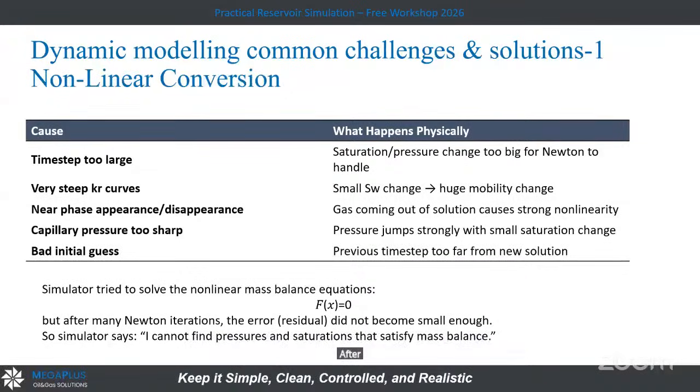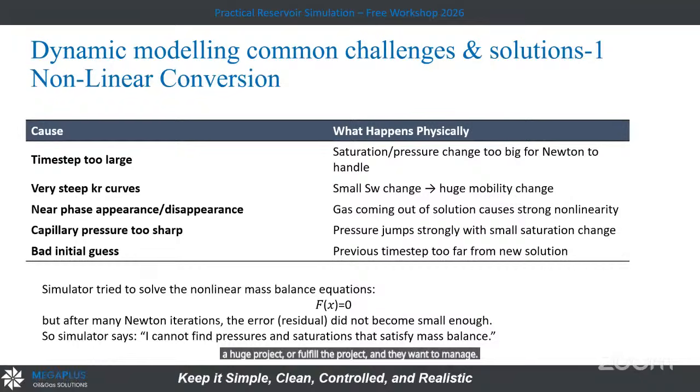After I finish the challenges and solutions, we will go through how the wells are inserted in the simulation model and how we control them. After that, we will have some practical examples of history match and a case study, and the project management slide if you want to manage a huge project or a full field project.